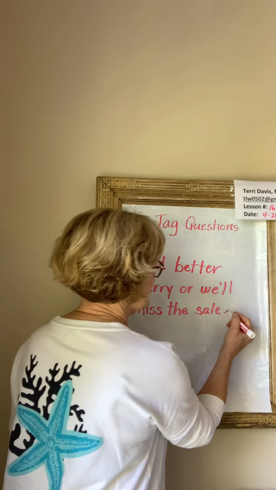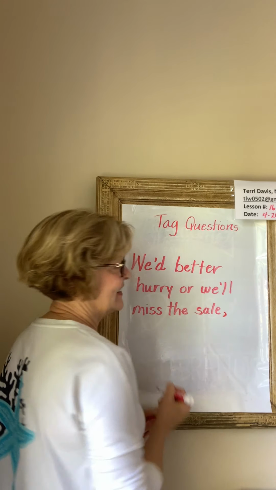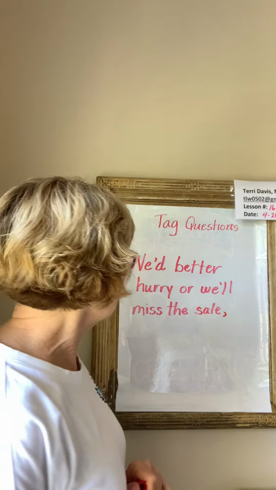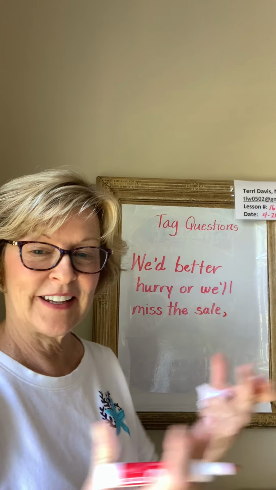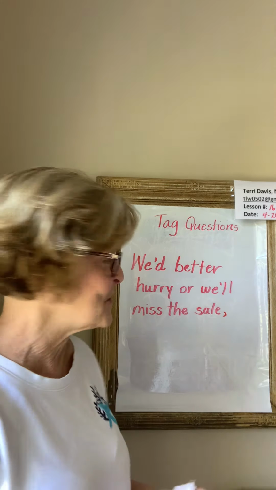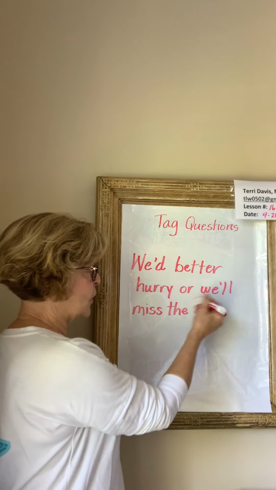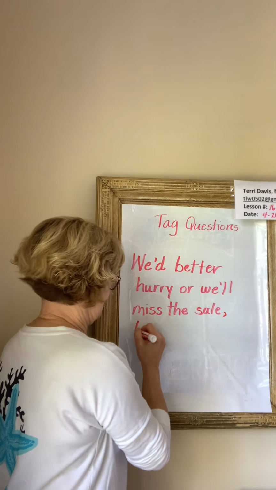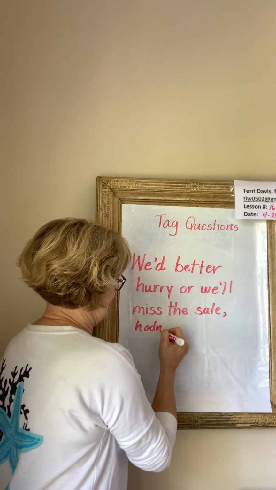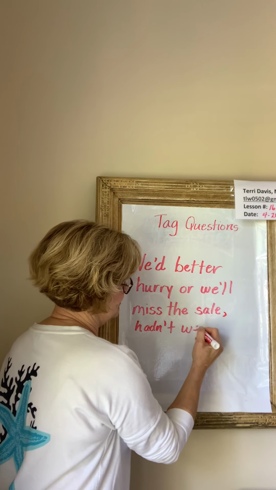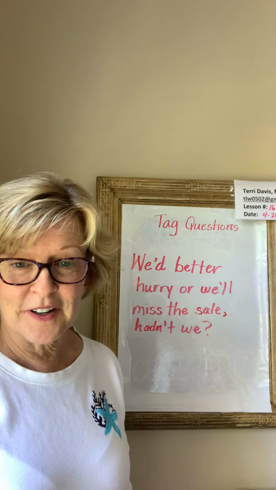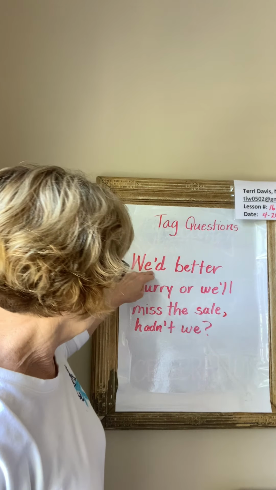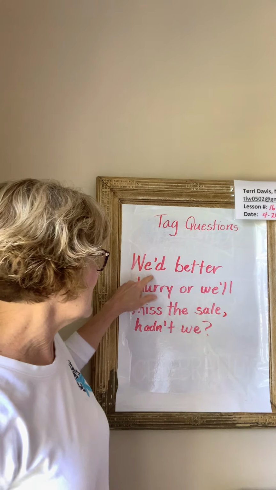If we want to turn this into a question, and we want to see if the other person agrees with us, we'd better hurry or we'll miss the sale, hadn't we? Well, that one feels a little bit awkward, okay? We can say had here, and let's see how it sounds.